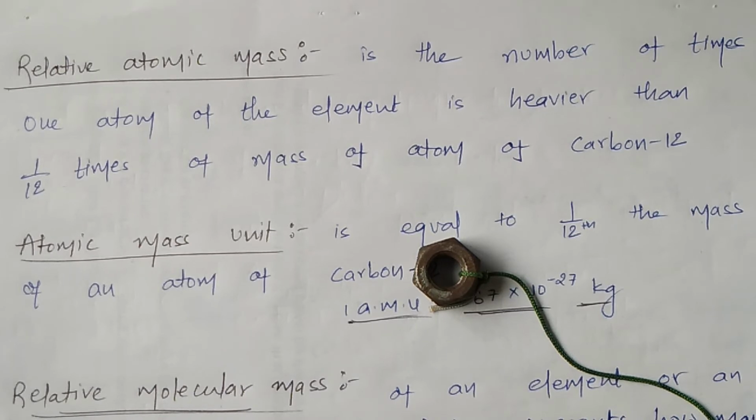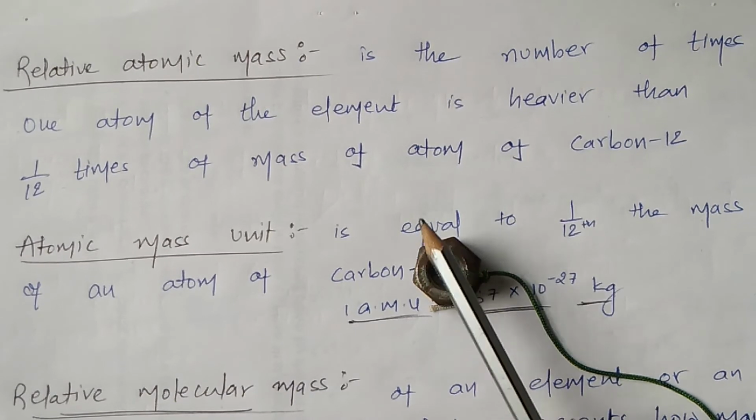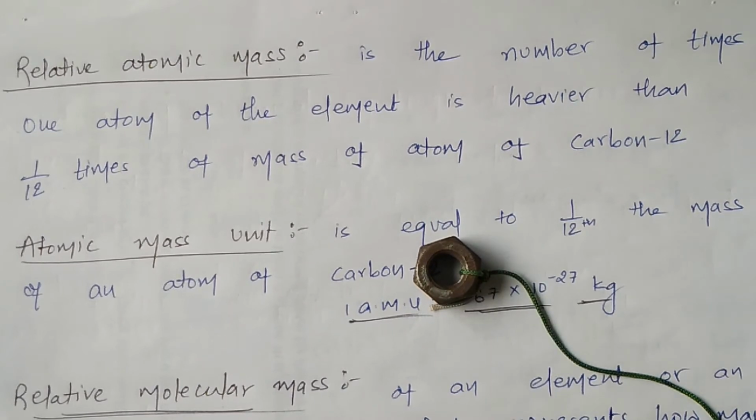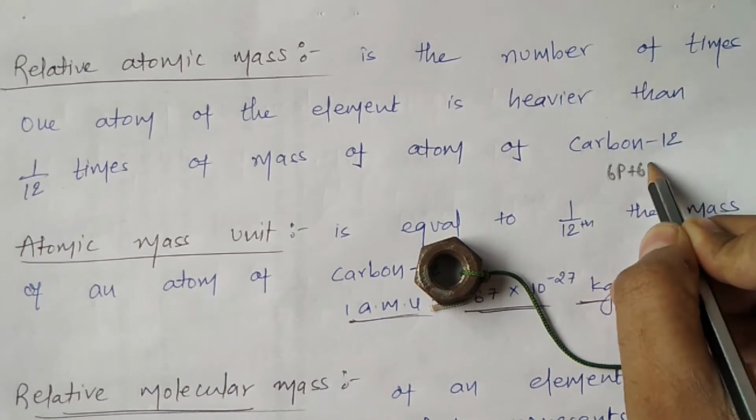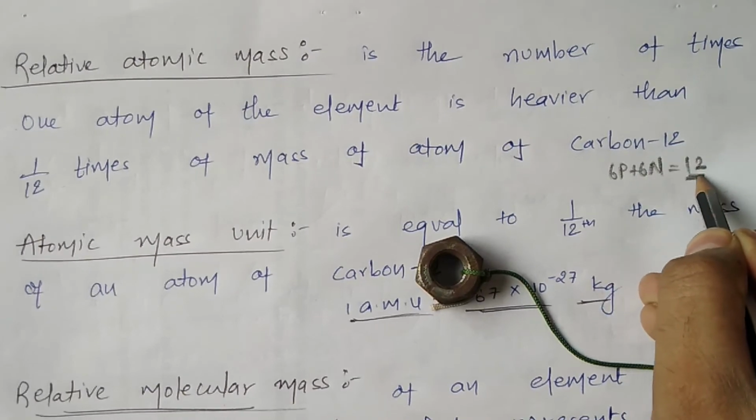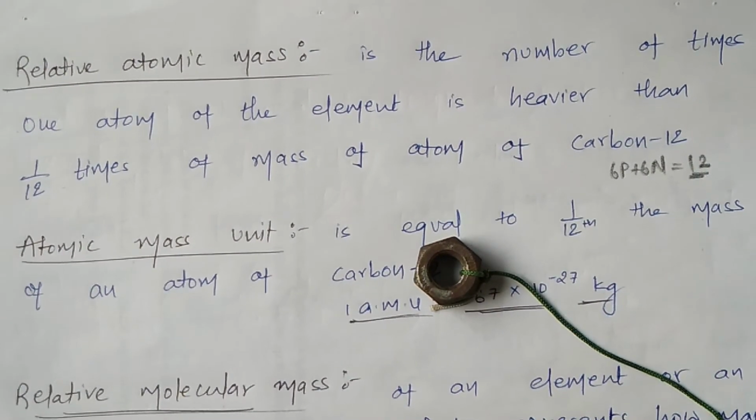Protons and neutrons have almost equal weight, so total 12. Alright, now I am cutting this into 12 pieces. So what do you understand? That each piece is either a neutron or a proton. Are you able to get my point? There are 6 protons and 6 neutrons, combined they are equal to 12. Now make 12 pieces of this. So it is either 1 proton or 1 neutron.